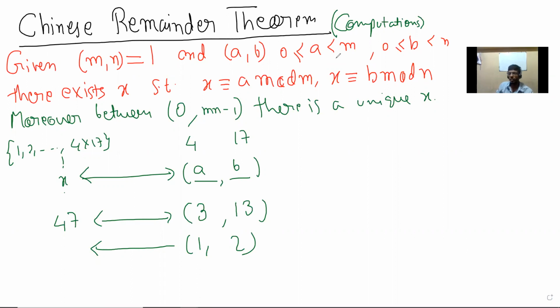You can just frame it in terms of remainders. 53, yes, that's correct. 17 times 3 is 51, and so 53 leaves remainder 2. So this is correct, right?